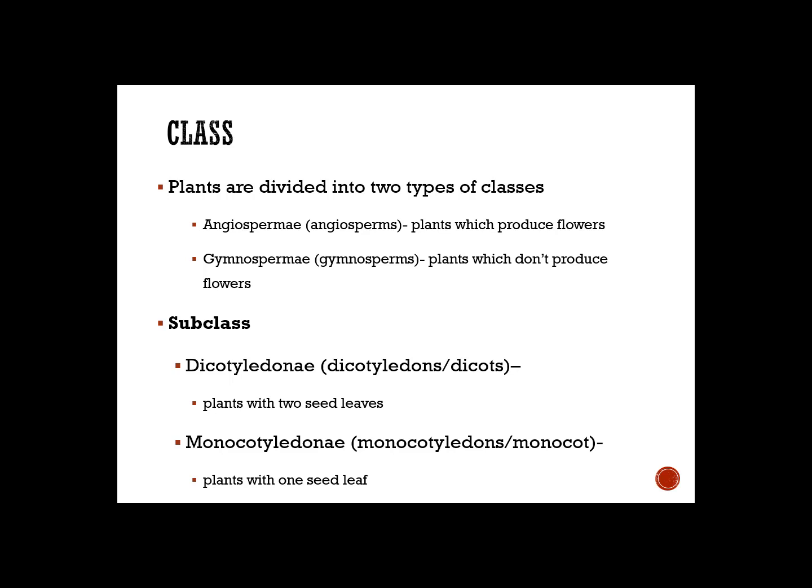Within that, we have the subclass, which is dicotyledons or dicots. These are plants that have two seed leaves when they germinate. And monocotyledons or monocots, and those are plants that have one seed leaf when they germinate. There are a lot of other characteristics that separate them, and we'll talk about that later on in the class.